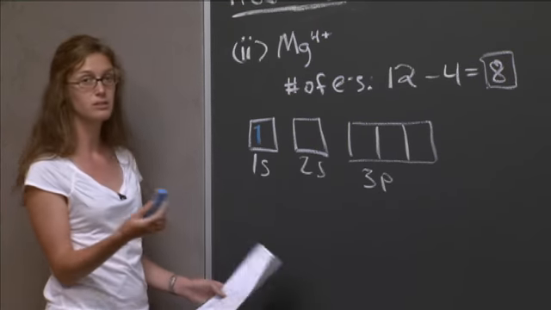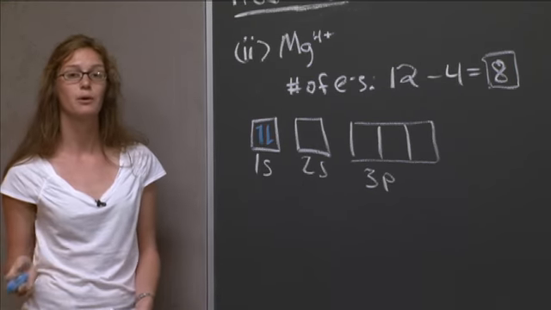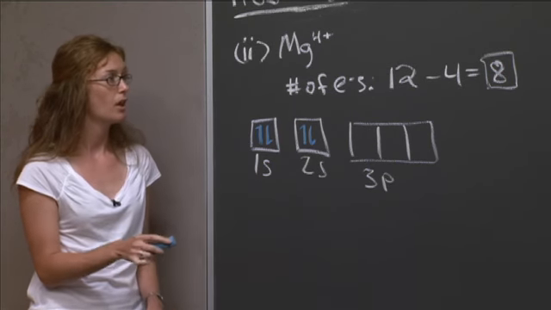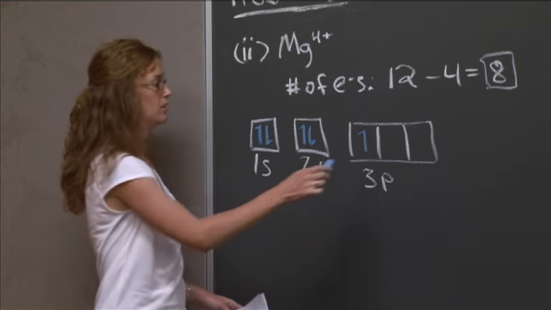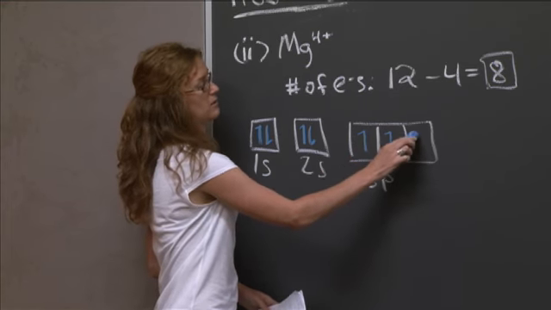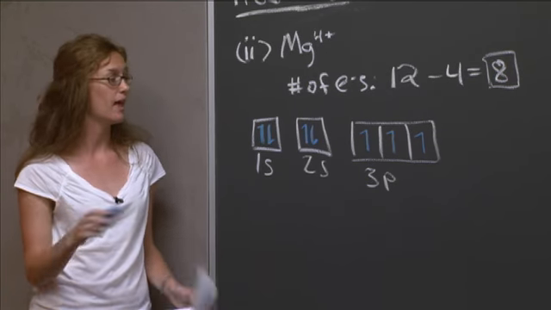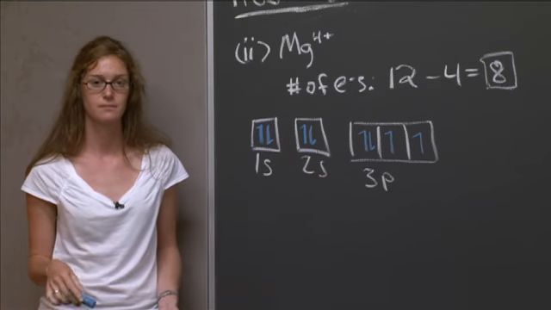The Pauli exclusion principle tells us 1 spin up and 1 spin down per orbital. And Hund's rule tells us that when we fill up this 3p, we're going to try to maximize the number of unpaired electrons. And then when we have to, we pair up the spins.